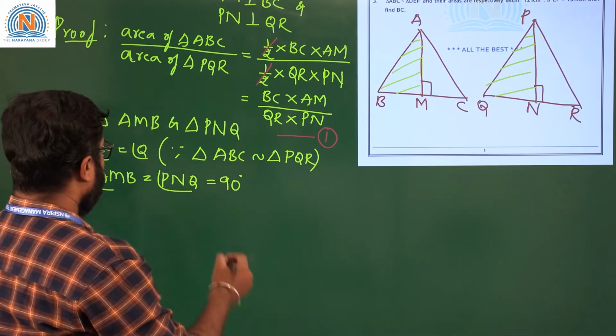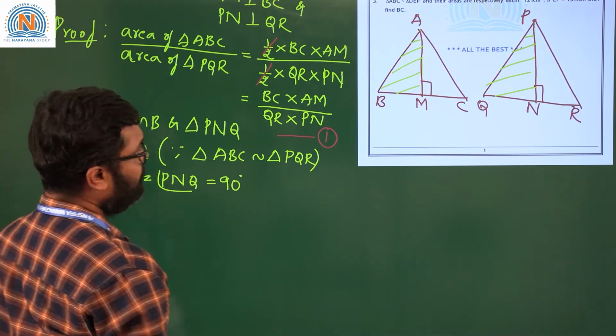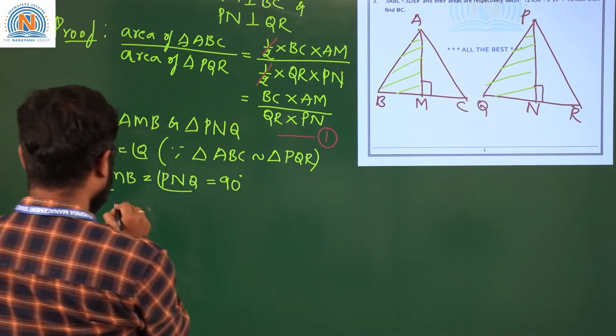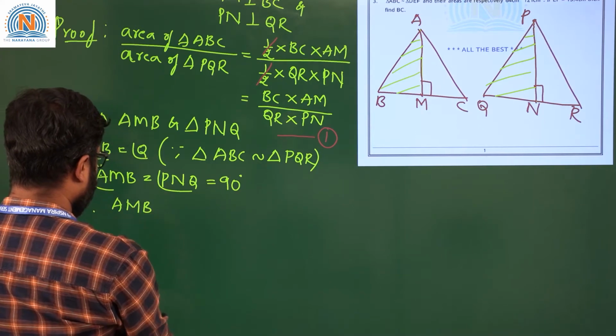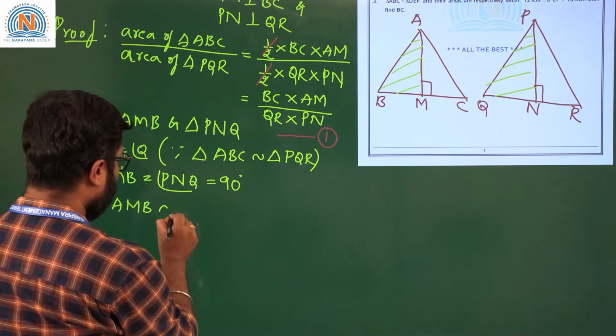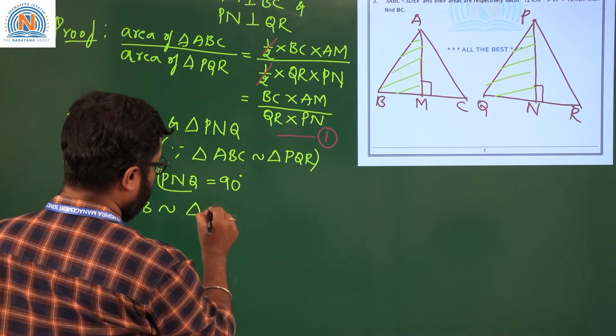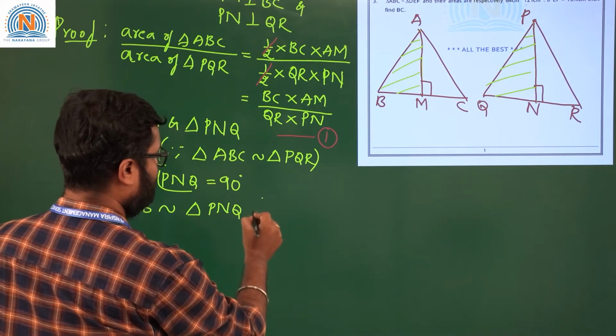So therefore triangle AMB is similar to triangle PNQ. Why, children?